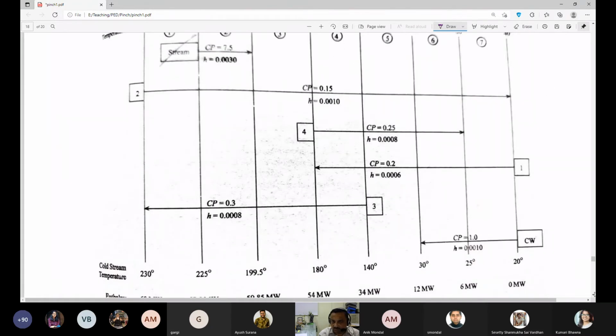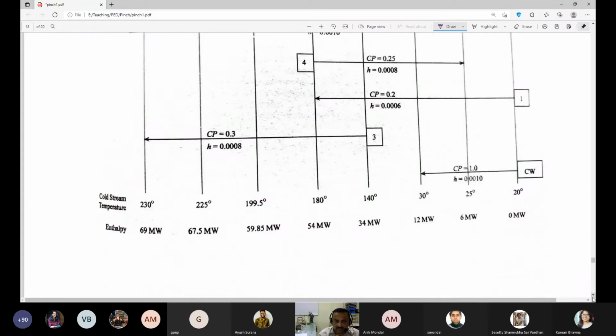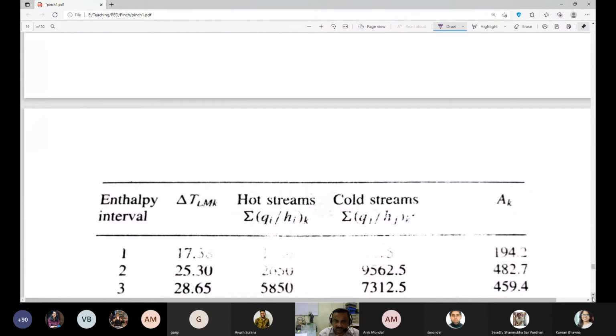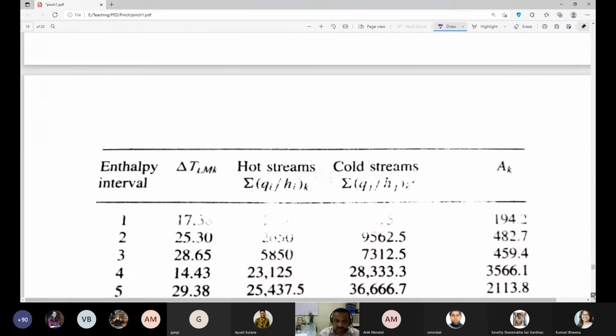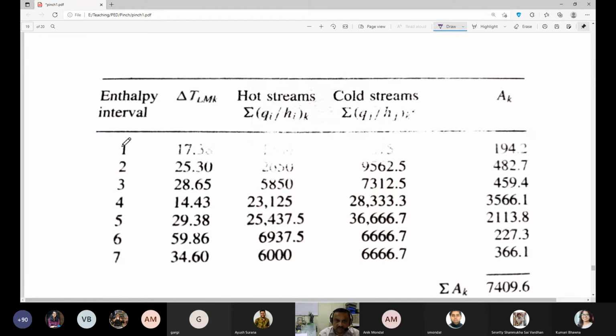Okay, so with this understanding, what we do now is for each enthalpy interval, we calculate the LMTD. How do we do this? Let me just complete these numbers here. This should be 1500.